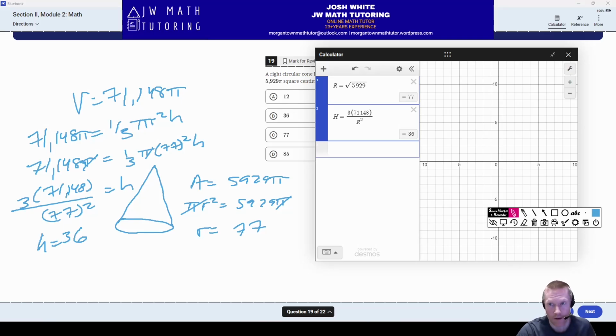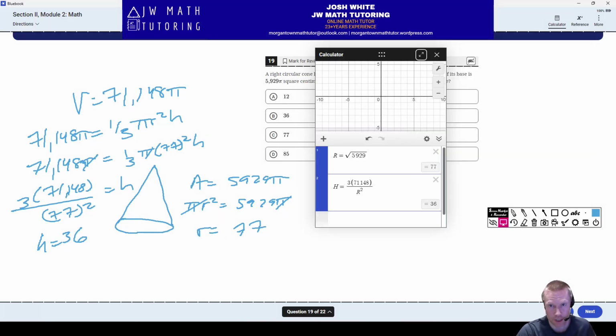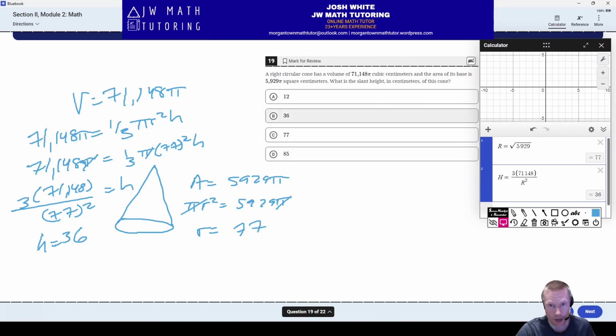So now we have every piece of information that we need to calculate the slant height. Oh, actually, sorry, before I begin, the one thing I want to mention: technically, you can cut out a couple steps here. If you recognize that the formula for volume of a cone is really 1/3 area of base times height. In other words, this pi r squared is the area of a circle, but the circle is the base.